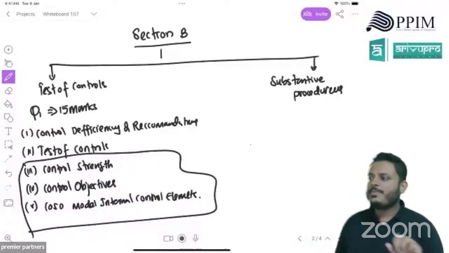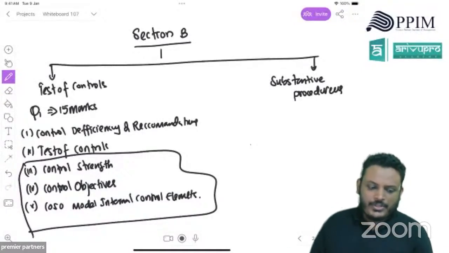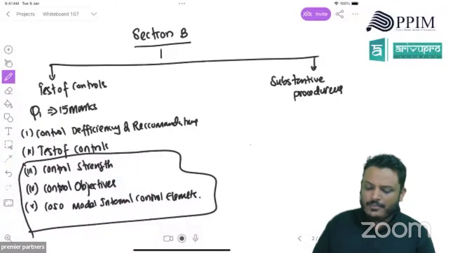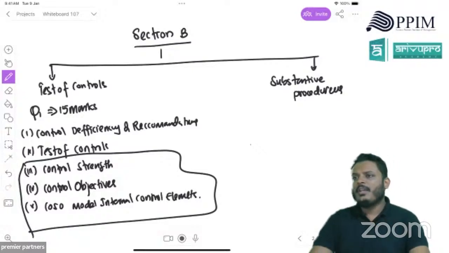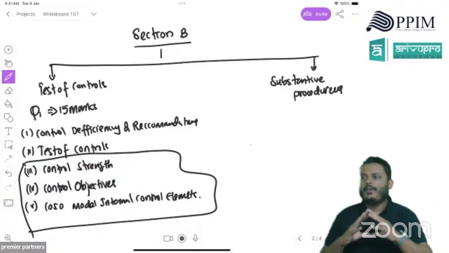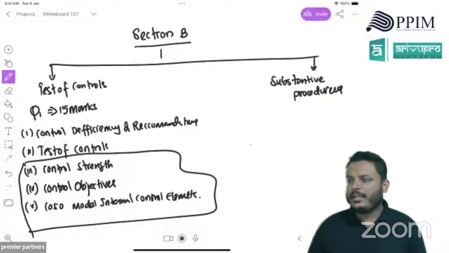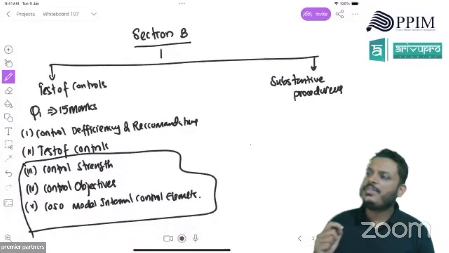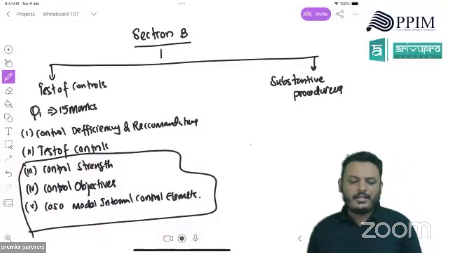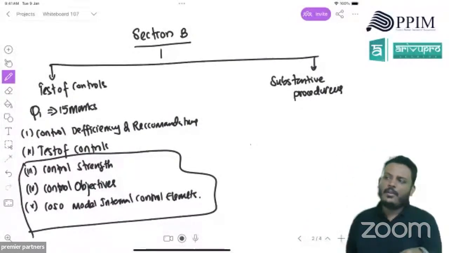These are the questions possible this time. Now let's see how to assess control deficiencies. First copy this. For that 15 to 20 marks, yes, one of these can be tested. It is definitely deficiency and recommendation, sometimes deficiency, recommendation and test of controls. Okay, copy this.